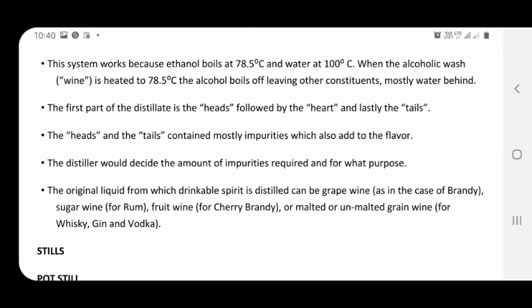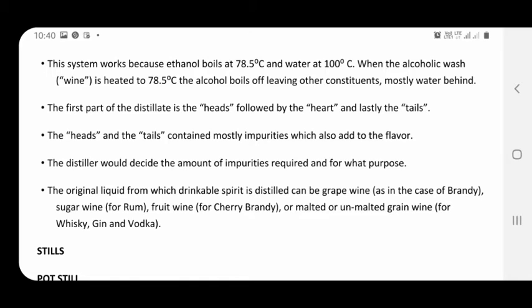So we were discussing the pot still. You have seen the picture also. The pot still is the earliest and traditional form of still. These were basically enclosed kettles which narrow towards the top to collect vapor created by boiling.